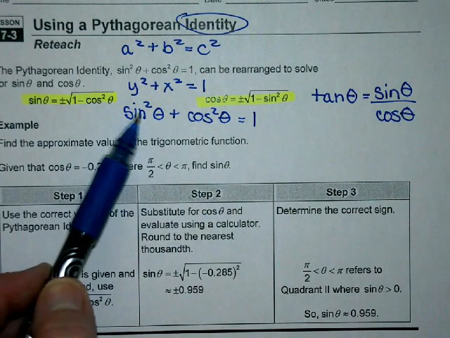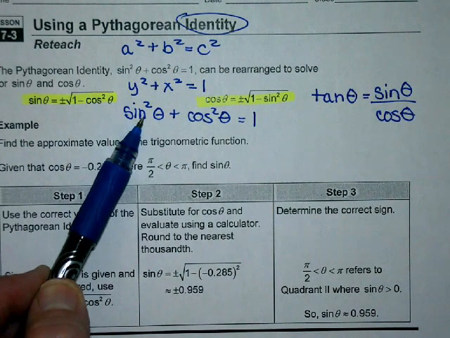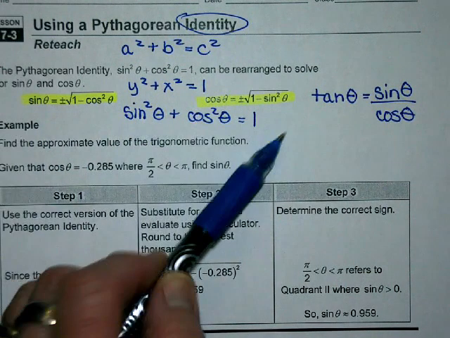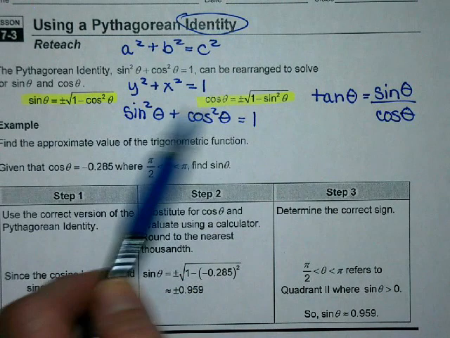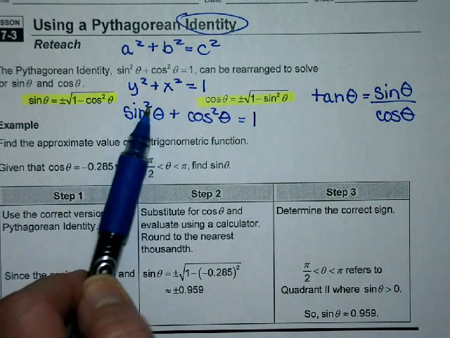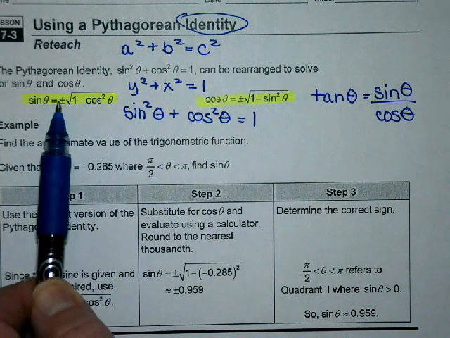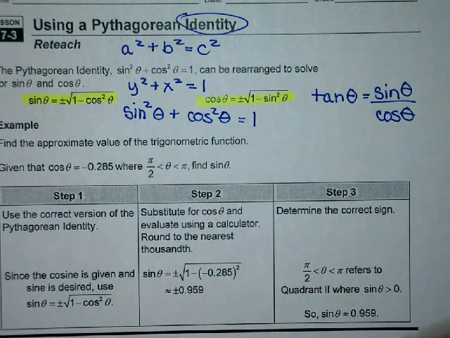If you hadn't been through all of Algebra 2, you would not know how to solve for that value. You wouldn't have known you could subtract both sides by the cosine squared of theta. You would have taken the square root of both sides to get rid of the squared. And now we're stuck in a dilemma from Algebra 2 that we know there's not just a positive root.